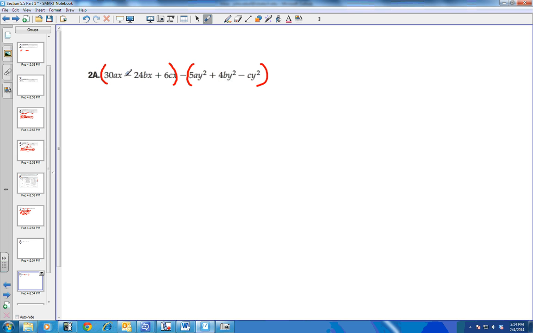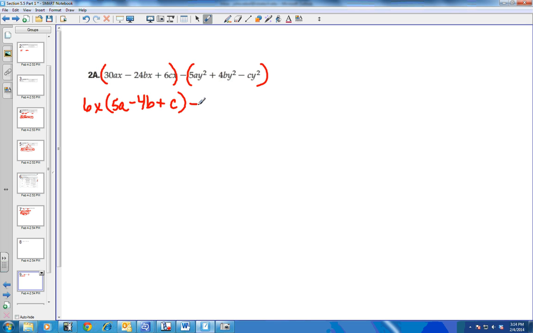Looking at my first 3, I know I can factor out a 6. They all have a 6 in common, and they all have an x in common. So I'm going to write down what I would have left. I would have a 5a minus 4b plus c.